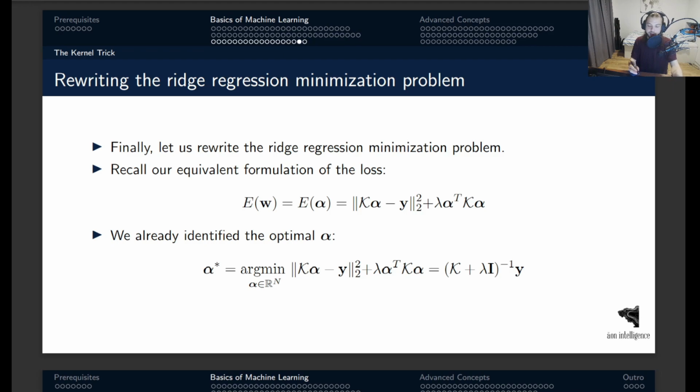So just to wrap up, let's rewrite the minimization problem of kernelized ridge regression. And we have that the loss is now not a function of our parameter vector w, but instead of our new parameter vector alpha. And this was the loss function we constructed for this case. This is our prediction vector y hat.